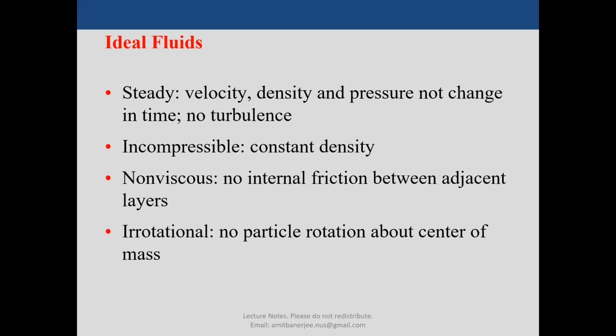The density is always constant. It's non-viscous, with no external friction between adjacent layers. So the viscosity concept comes from this: an ideal fluid is non-viscous. Between layer to layer, there will not be any friction. When there is some friction or force between layers, that's basically viscosity. It is also irrotational, with no particle rotation about the center of mass.